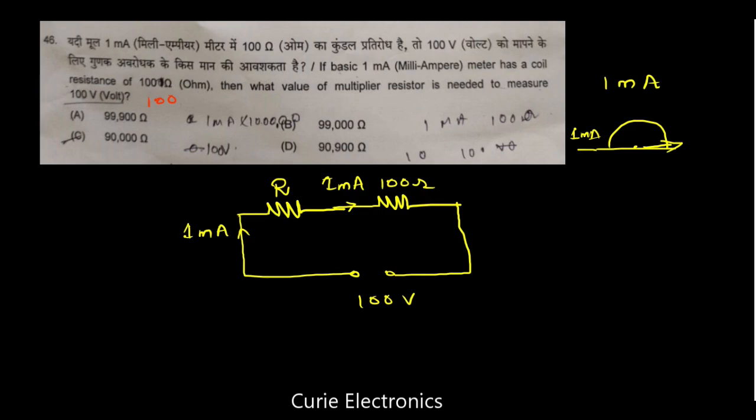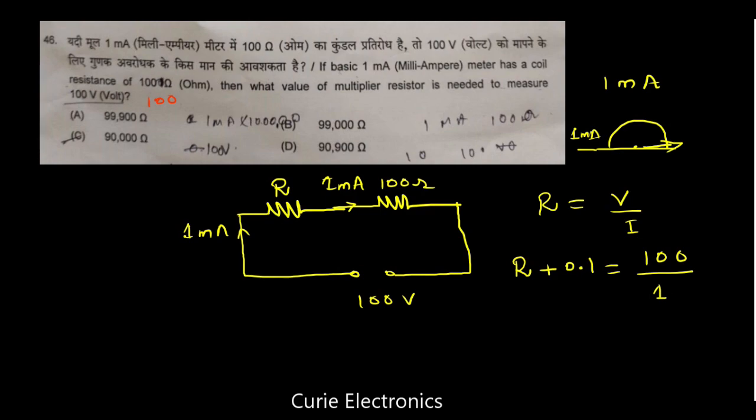Now I will apply Ohm's law. We need R only, we have to find. So we will write R is equal to V upon I. What is our R? R total circuit resistance equal R plus 100 ohm. I will write it in kilo ohm, that is 0.1 kilo ohm, equal to, what is V? 100 volt. What is the current flowing? 1 milliamp. Now I'll cross multiply.